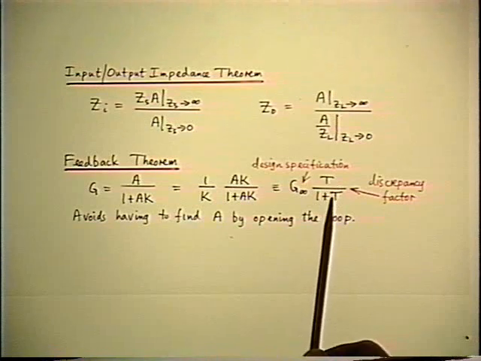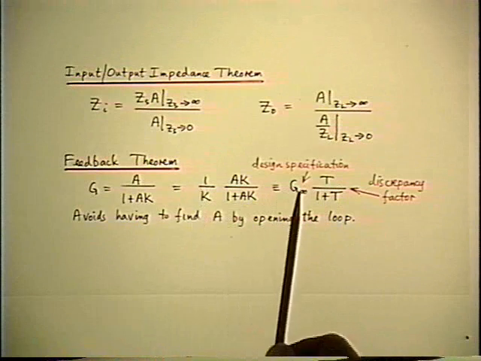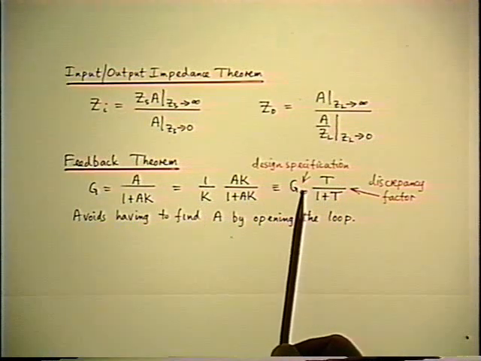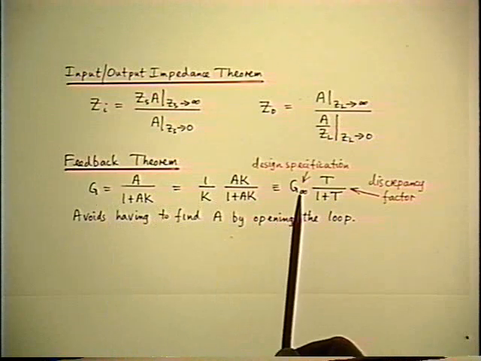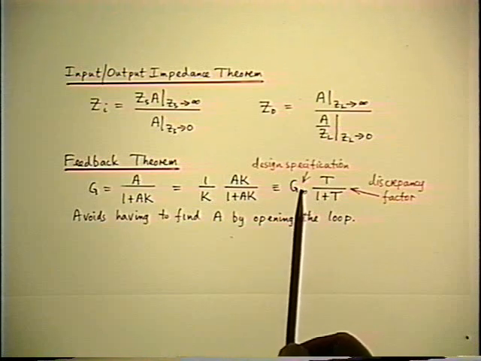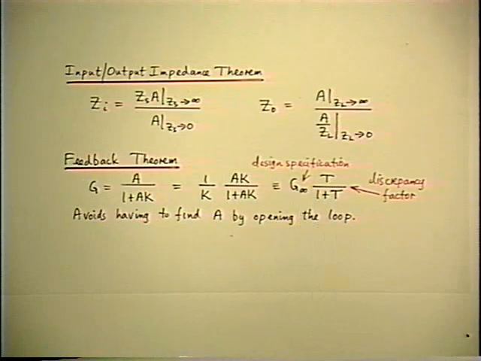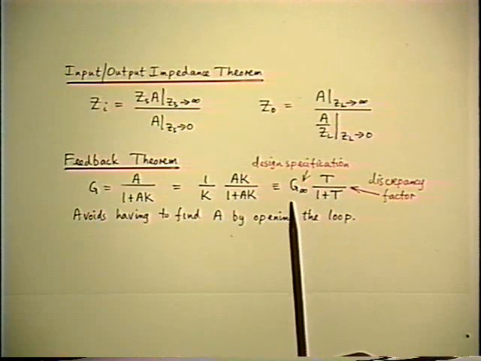T would go to infinity. G infinity, this new quantity, which is really just 1 over K, is therefore the ideal closed loop gain that you would get if you could build an ideal feedback system. And the useful thing about it is you know what it is because that's the specification. The only thing you know to begin with is G infinity. It's what you're aiming for.